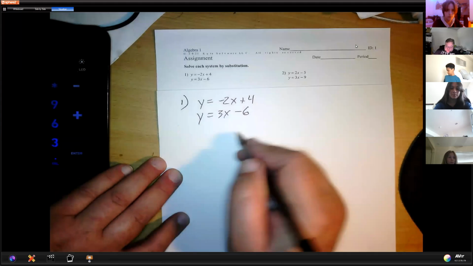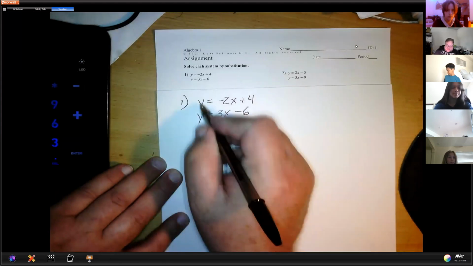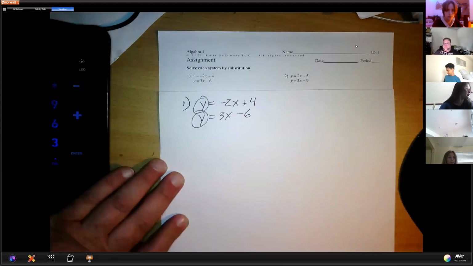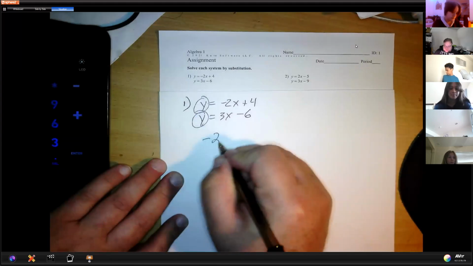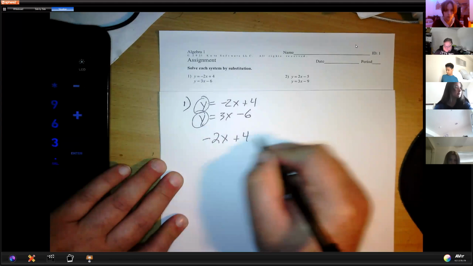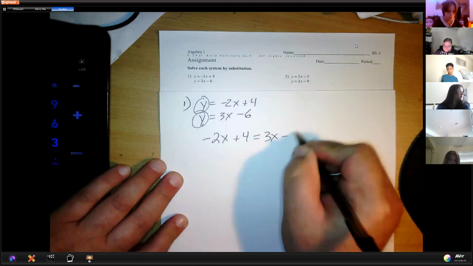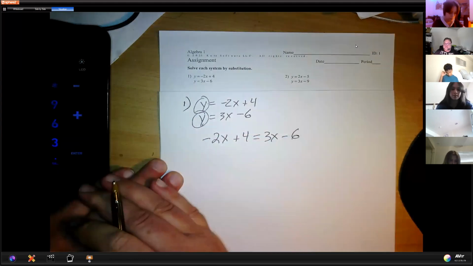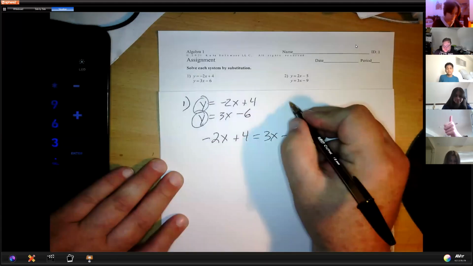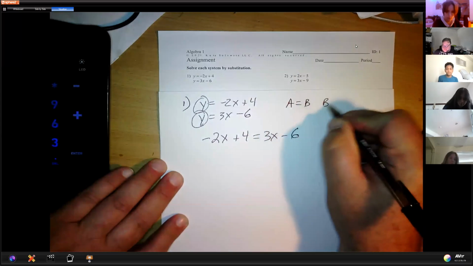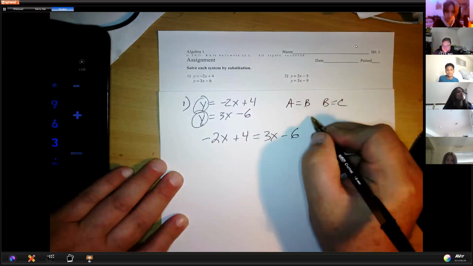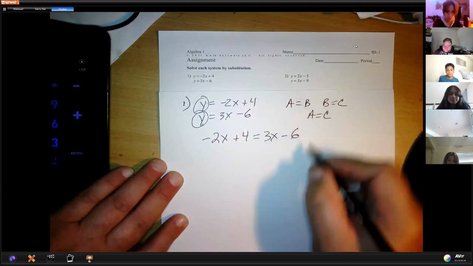So the way this is going to work is, you see how both of these are set equal to y, yeah? So if these both equal y, then this is also true. Isn't it? Because remember, we learned a long time ago, if A equals B and B equals C, then A equals C, right?